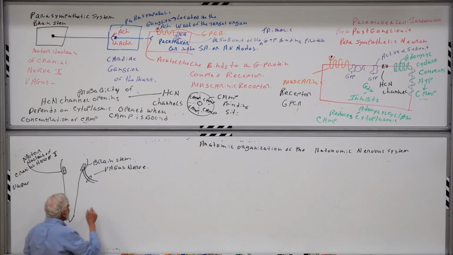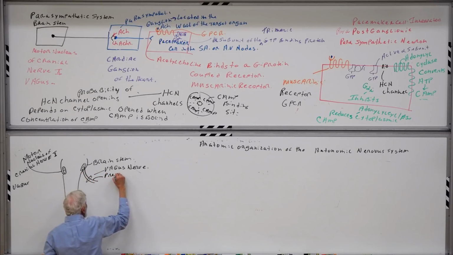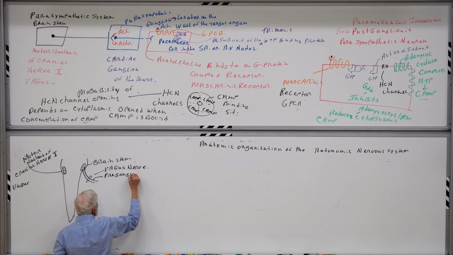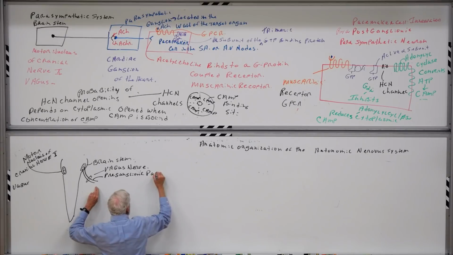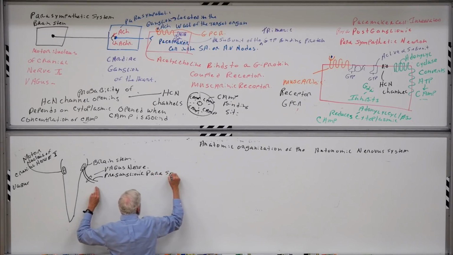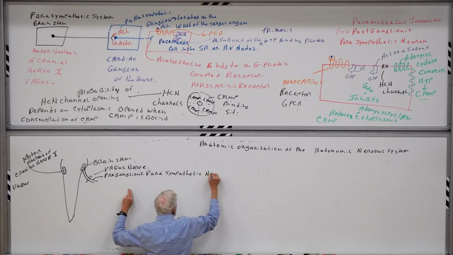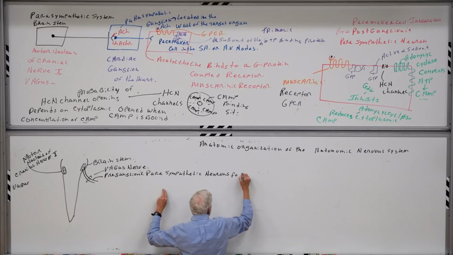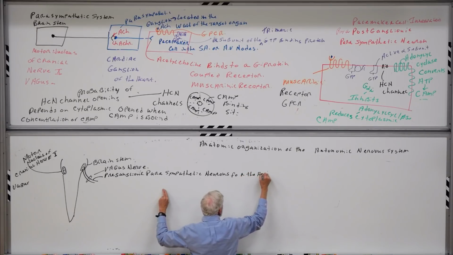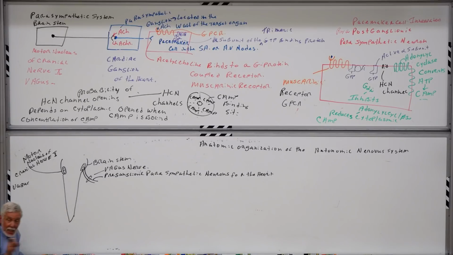Now, the ones we're going to follow are these pre-ganglionic parasympathetic neurons for the heart. Again, this term, the vagus, indicates that this nerve is going to wander all over the place.